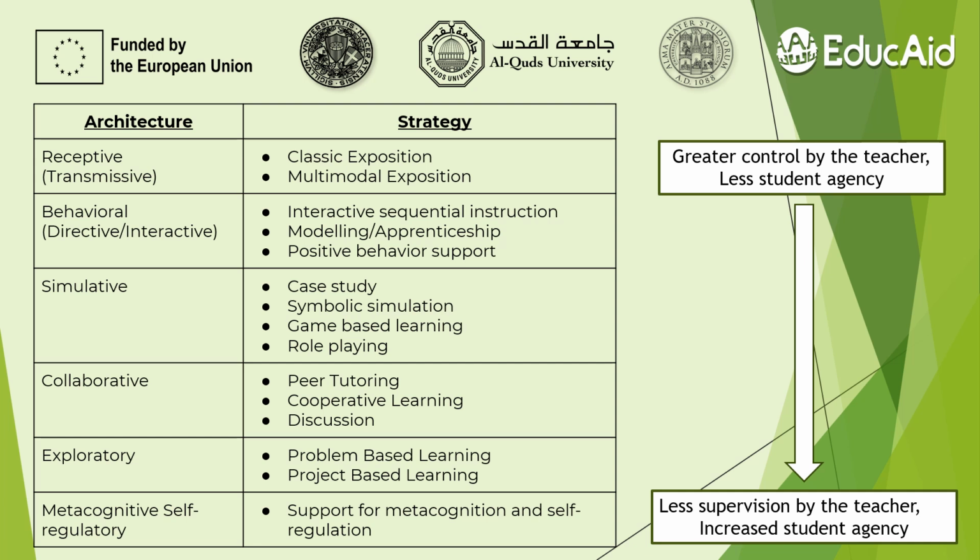And while we go down in the table, the control of the teacher is getting less and less important. And then we find an increased level of student agency and students' control of the activity.